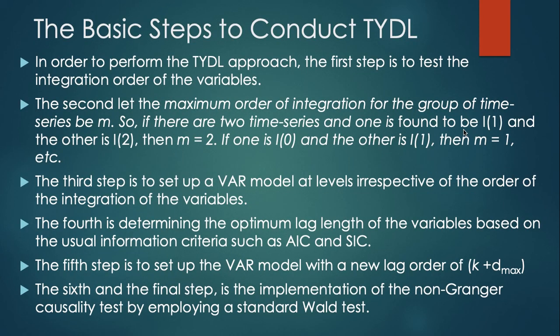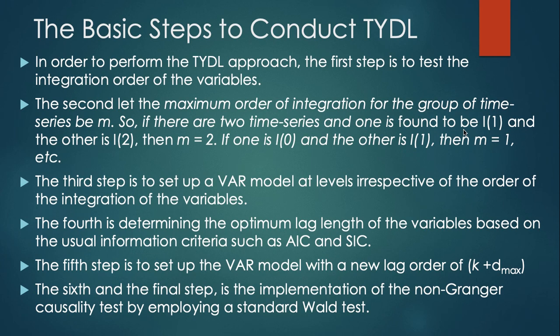To estimate the TYDL, we have about 6 or 7 steps, which can easily be applied in EViews. The first step is to test the integration order of the variables to see if they are I0, I1 or I2.